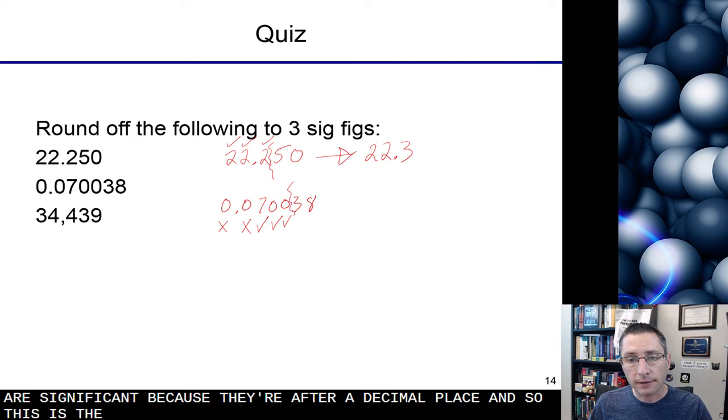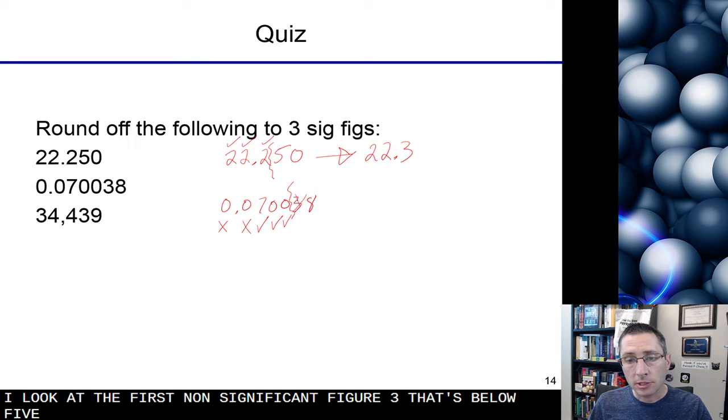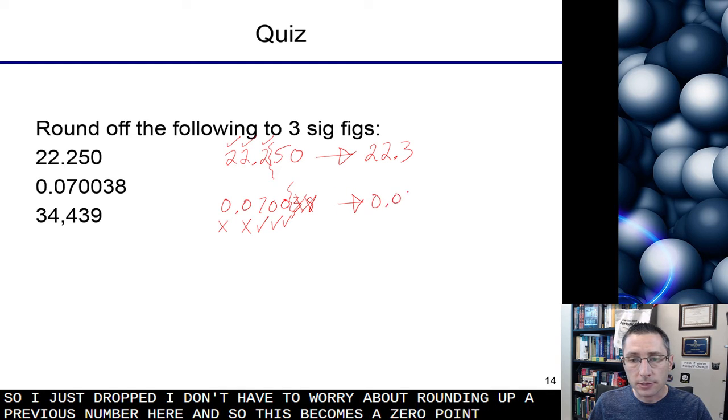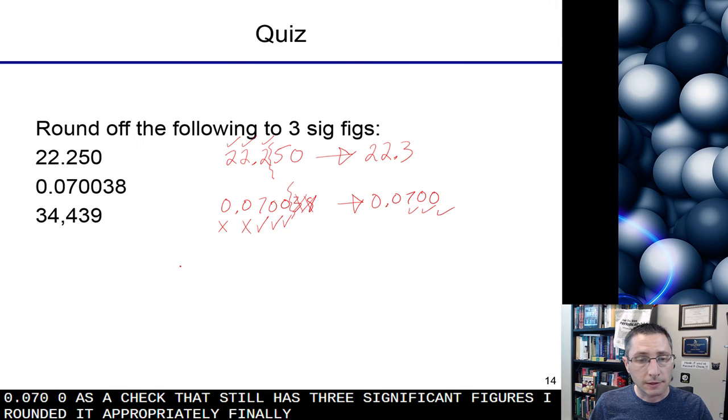And so this is the dividing line here. 7, 0, 0 are my significant figures. I look at the first non-significant figure, 3, that's below 5, so I just drop. I don't have to worry about rounding up a previous number here. And so this becomes 0.0700. As a check, this still has 3 significant figures. I've rounded it appropriately.